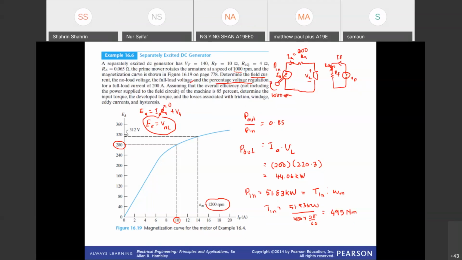Actually 494.6 Newton meter. So that is your torque input.